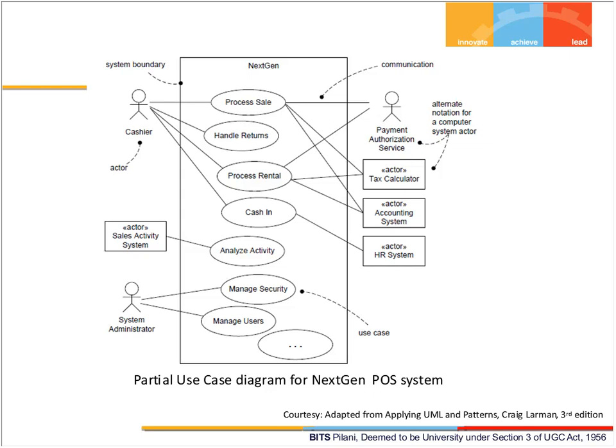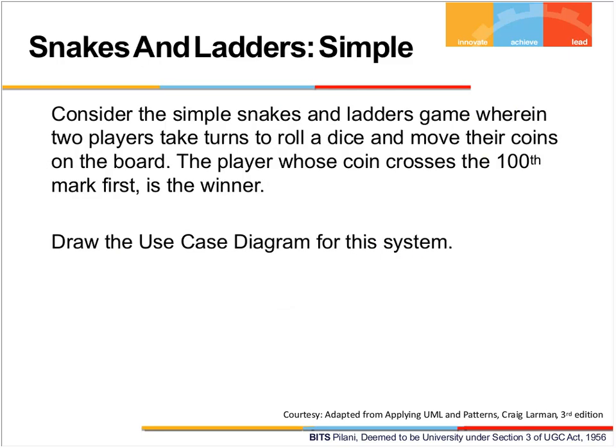However, this is what the final aim is, what we're going to draw, right? So let's start with our snakes and ladders example, right? We will start with the simplest version of our snakes and ladders, and we'll draw the use case diagram for this particular system.